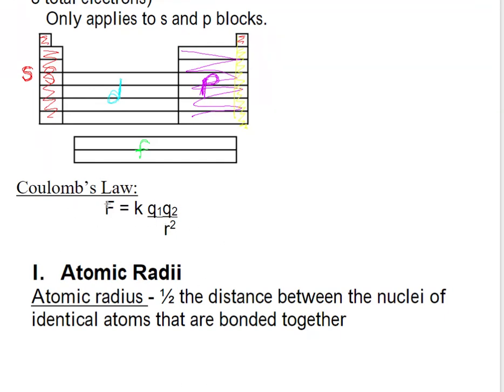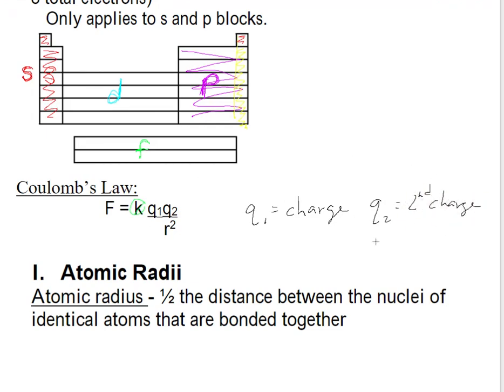So Coulomb's law says that the force, that's what F is, equals K, which we will not worry about. So we're going to completely ignore K, times Q1. I'll write this over here. Q1 is a charge, as is Q2. Q2 is a second charge.